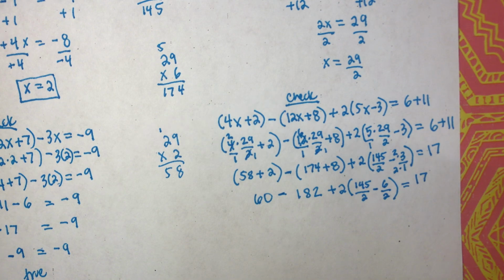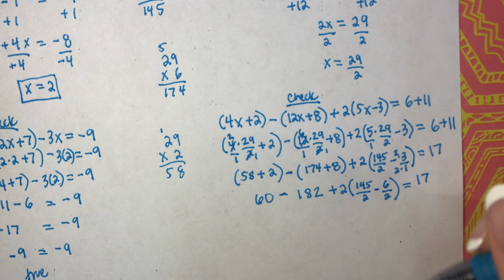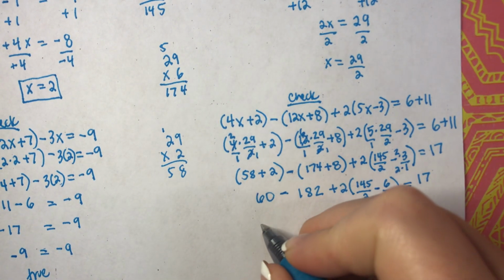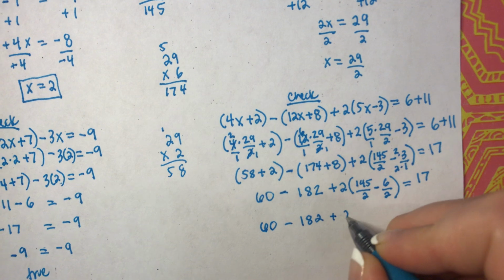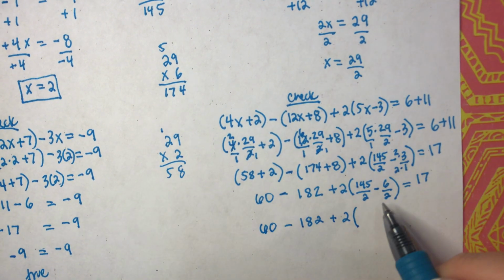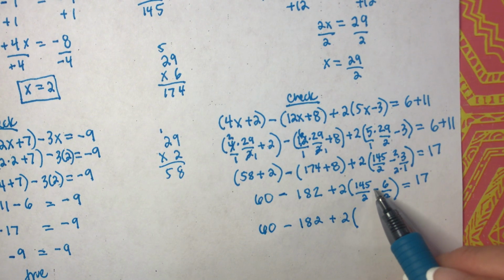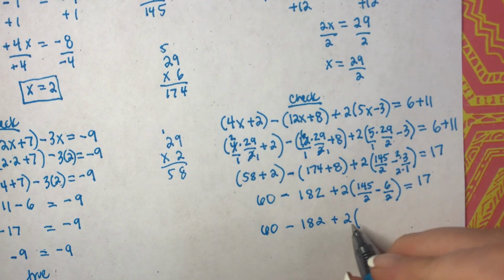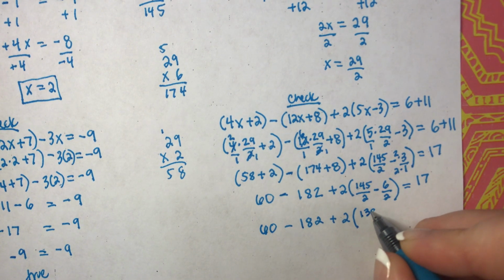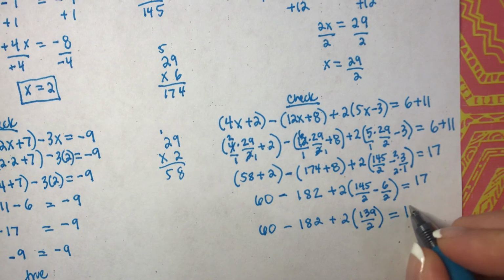All right. So here we just need to do the parentheses first again. So I'm going to rewrite this 60 minus 182 plus 2 times, all right, we have a common denominator, so now we can just subtract. 145 minus 6 would be 139 over 2, and we keep that common denominator.